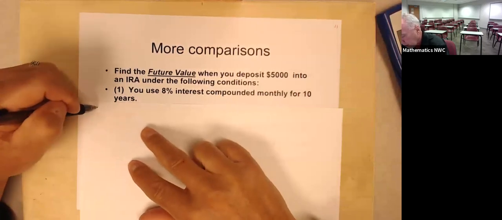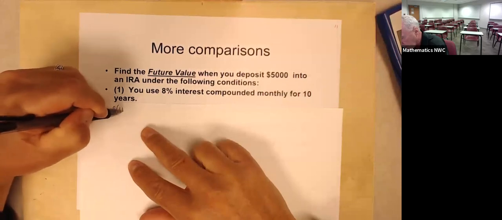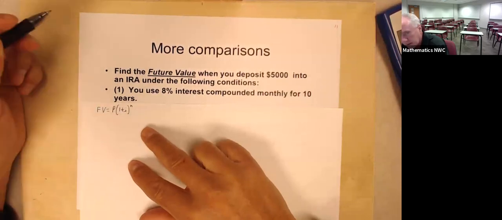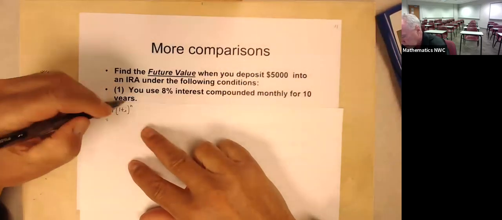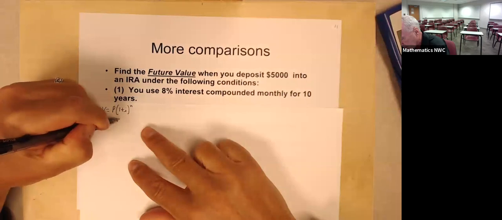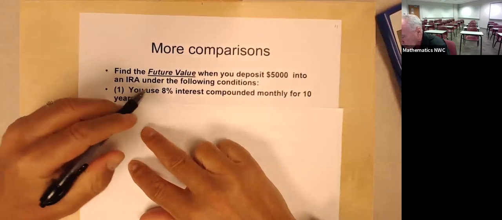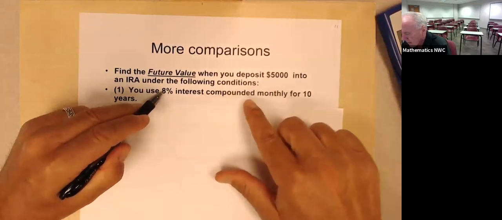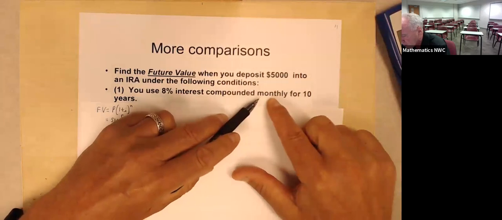First of all, my formula, future value, principal, 1 plus I raised to the nth power. This one, my principal is again 5,000. My I is going to be the interest rate divided by how many times it's compounded. Compounded monthly means divided by 12.